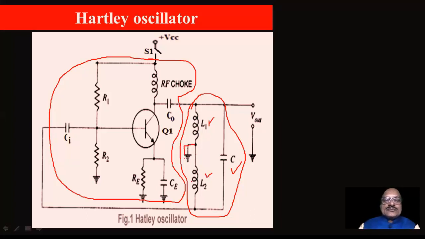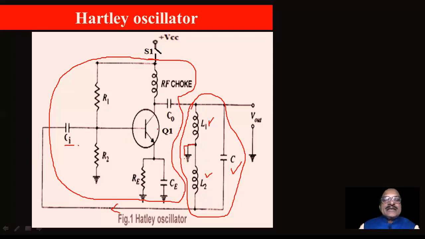So here also, whatever voltage is developed across the coil L2 is fed back to the base of the transistor through the input coupling capacitor Ci. That means part of the output energy is fed back to the input of the amplifier.